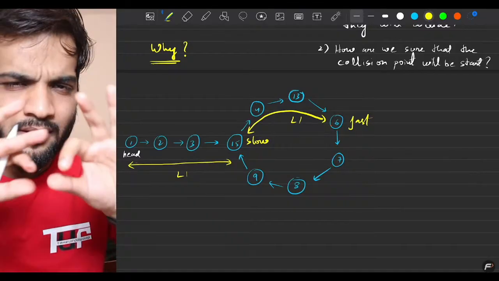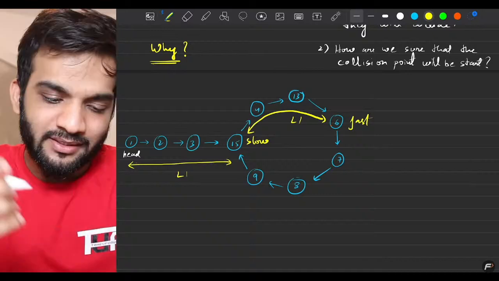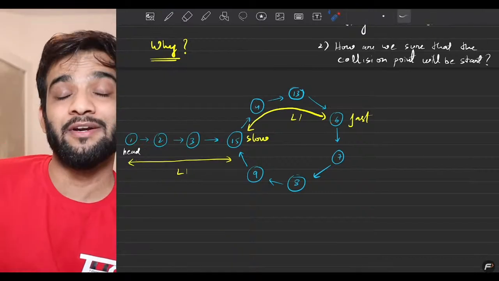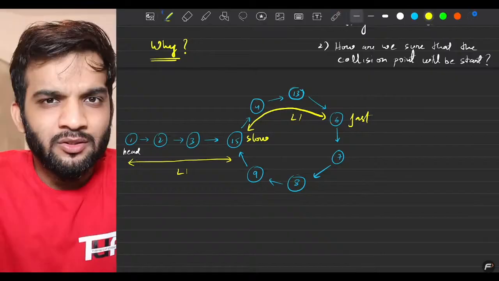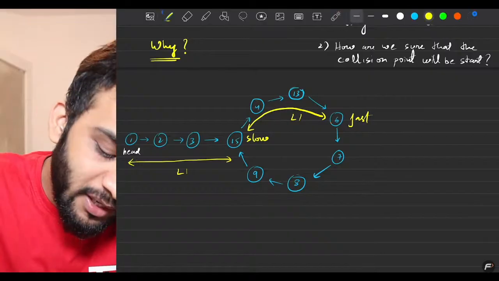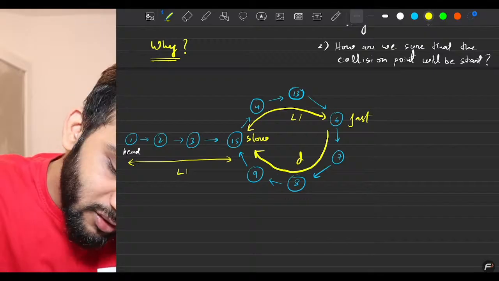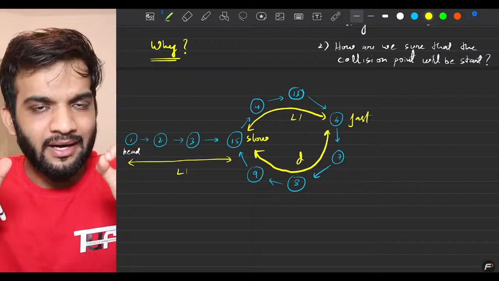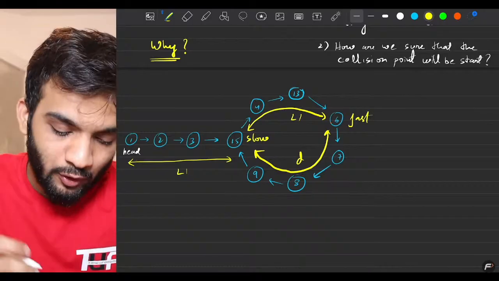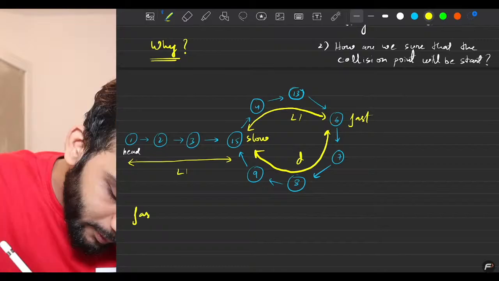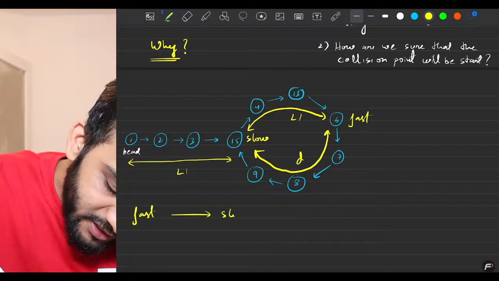So L1 and L1 are the same, because if this is 3, this will also be 3. Taken, rather than proved. Now, what is the distance between the fast and the slow pointer? Let's assume it to be D, as we did in the intuition of detection of a loop. So the distance between fast and slow is D.